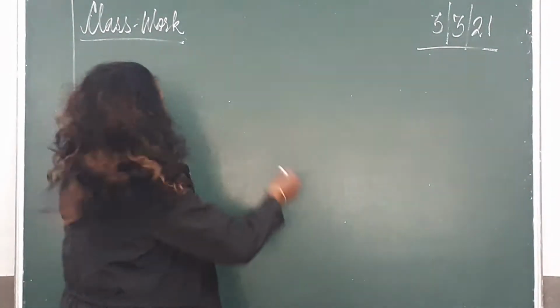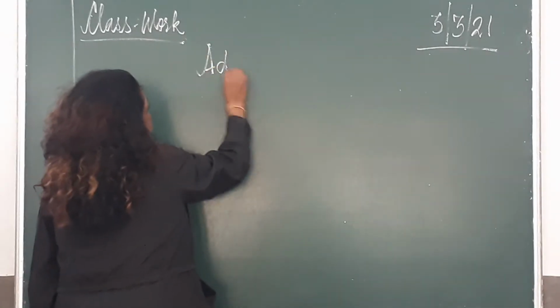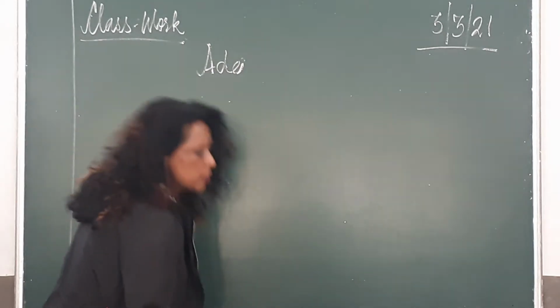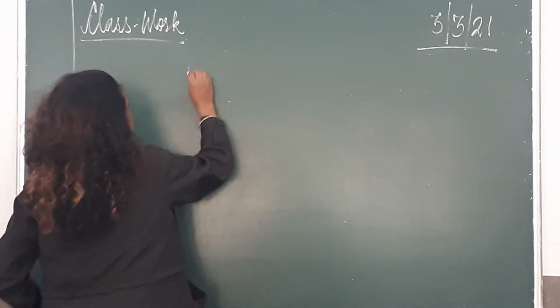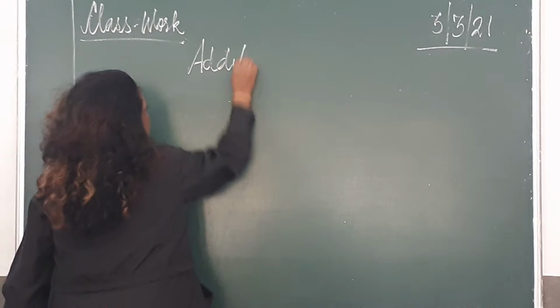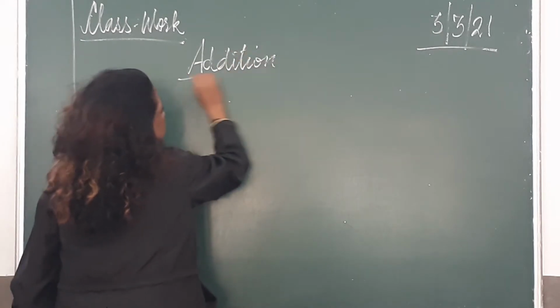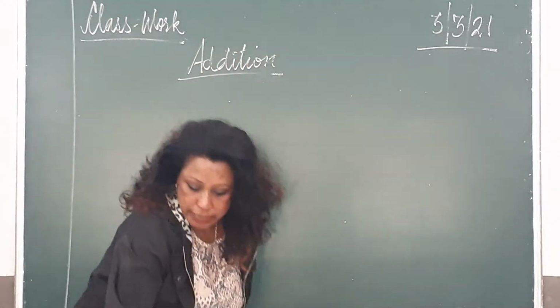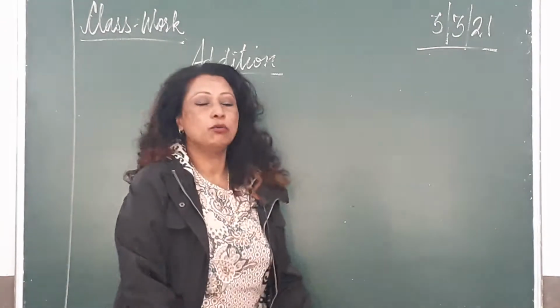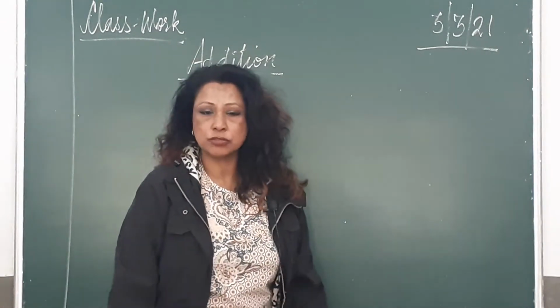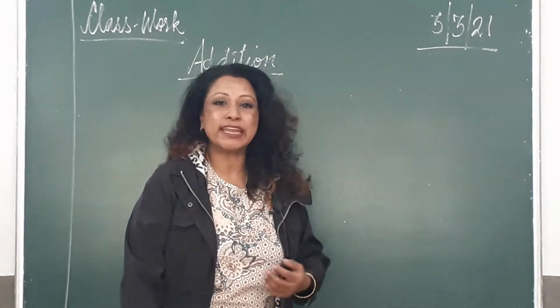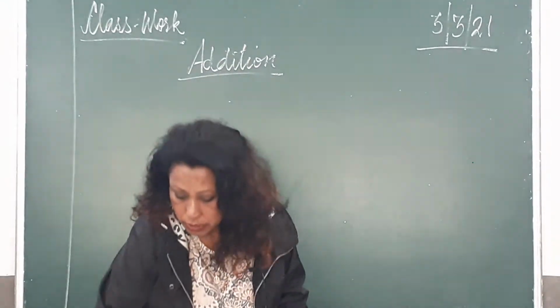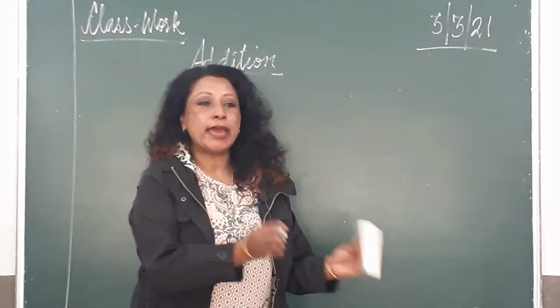Good morning, children. Now let's move on to the next addition. We have already done addition. We are doing addition. Last time we did addition without carrying over, simple addition, which you have already done in class 2, right? Now we are not going to hang on to that.